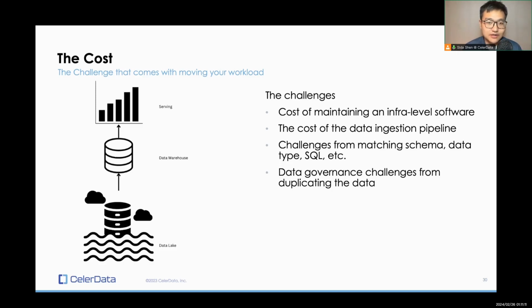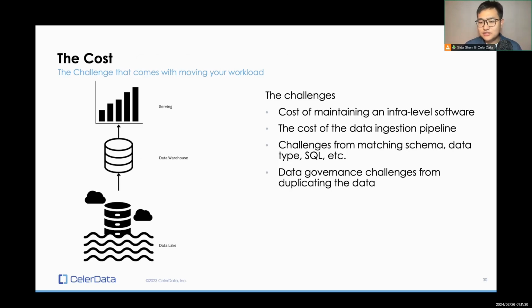And on data governance, you're basically duplicating your data, and just trying to keep your data in sync between multiple systems can be a huge data governance nightmare. So this is very expensive.